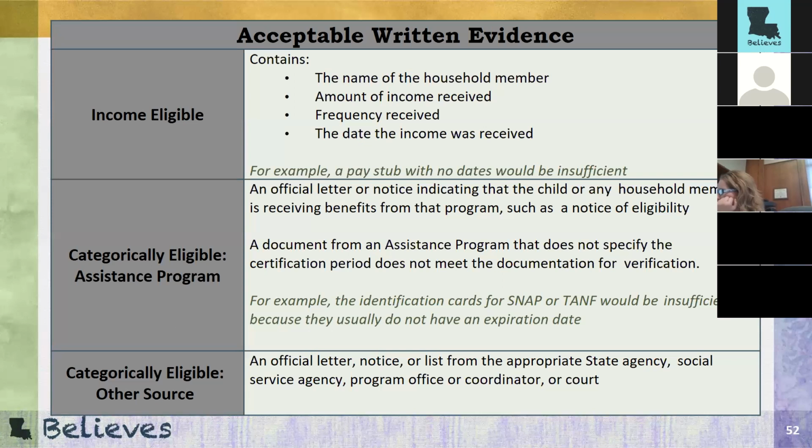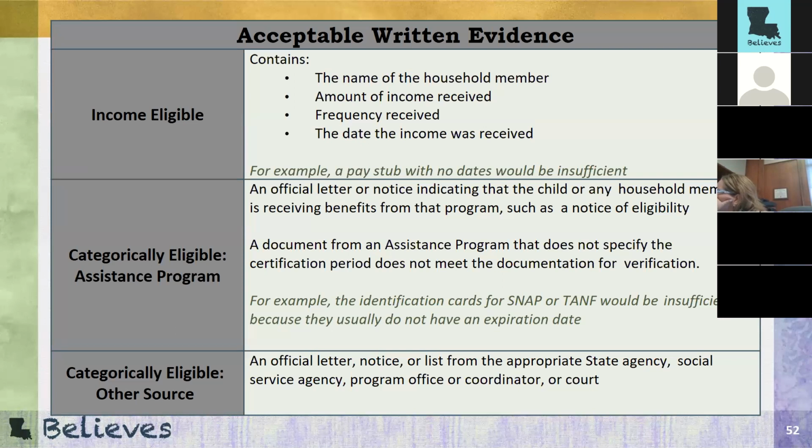Categorical eligibility from an assistance program contains an official letter or notice indicating that the child or any household member is receiving benefits from that program, such as a notice of eligibility. A document from an assistance program that does not specify the certification period does not meet the documentation for verification.